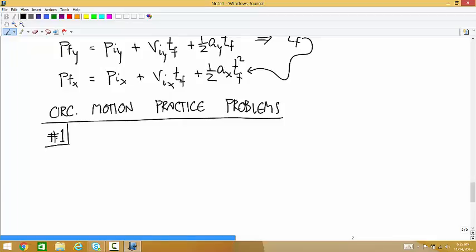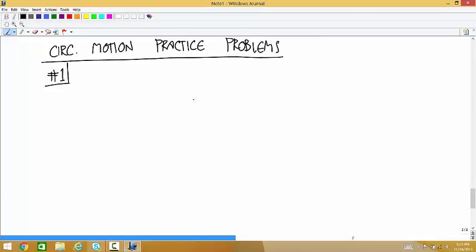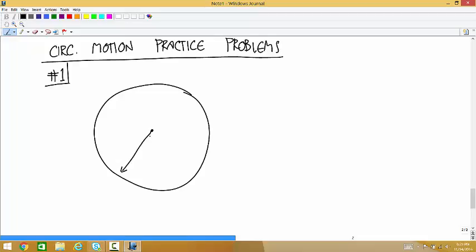All right, so number 1 says a 100 kilogram object moves counterclockwise in a circle of radius 20 meters. So there's the circle. Counterclockwise, so it's going this way. Horizontal to ground. Its speed is constant at 5 meters per second. And there are 4 points listed.